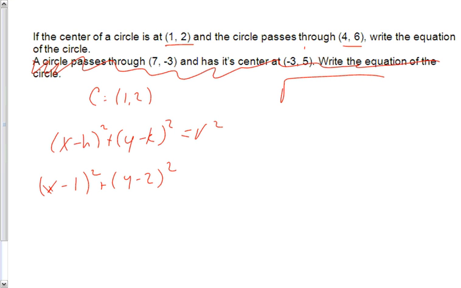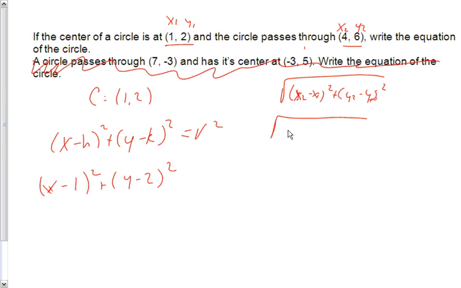Well, the distance formula: x2 minus x1 squared plus y2 minus y1 squared. Now we plug in our points. We'll call these x1, y1, x2, y2.